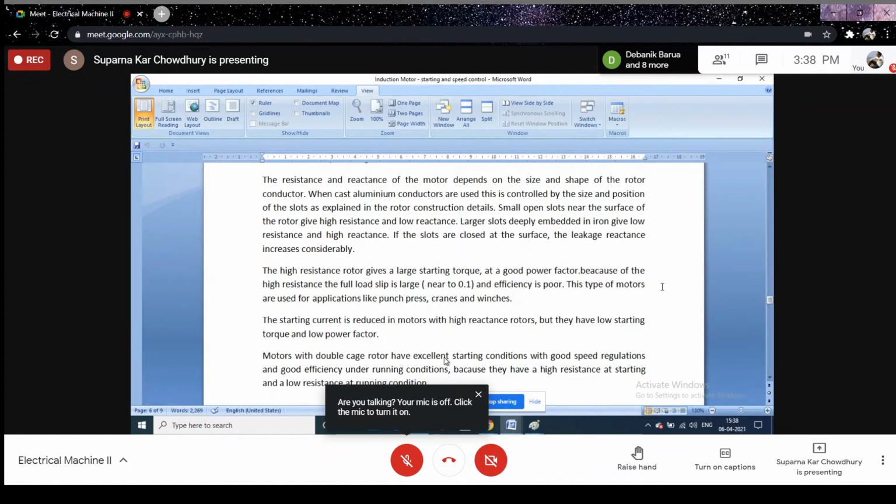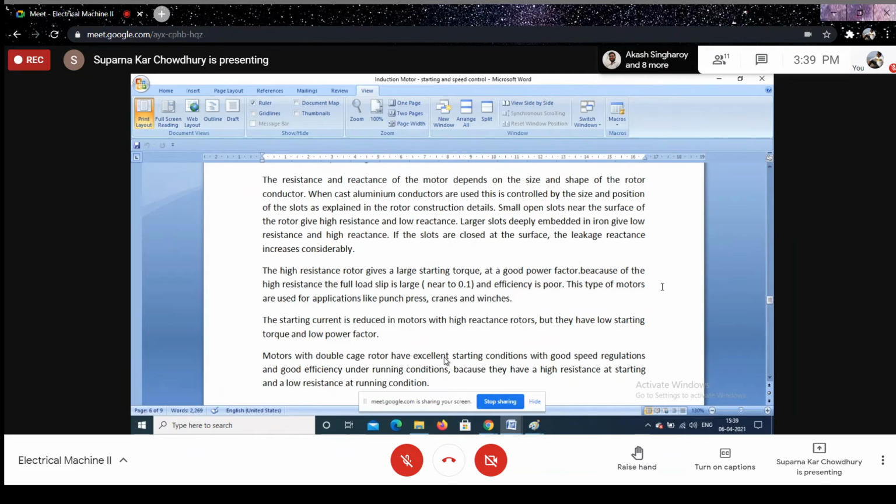Full load slip will be large because the characteristics will shift. But efficiency will be poor because there will be high I square R losses. This type of motor is used for appliances like punch presses, cranes, winches, etc.